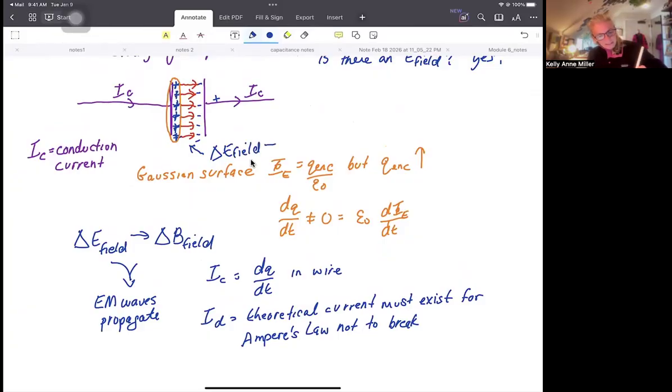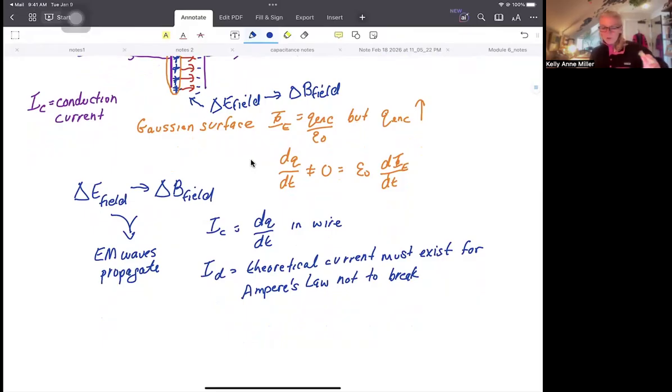So that must lead to a changing B field. And the displacement current is the added term that makes Ampere's law not break down.